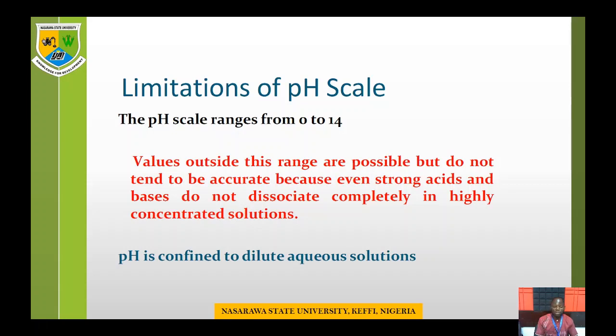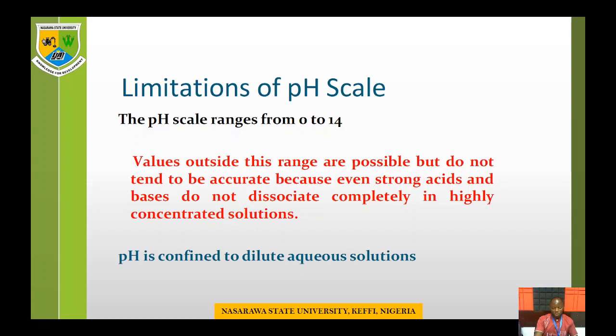That is one limitation. And the second limitation is that pH is confined to dilute aqueous solutions. What does that mean? It means that a solution that is not dilute and is not aqueous will be difficult to determine its pH.